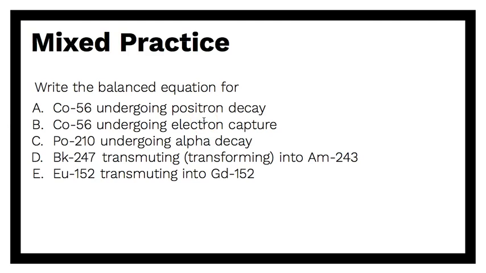Go ahead and try them out. And once you're done, check your answers. This is a mixed practice, so try to memorize, make flashcards, try to memorize these, and then try these problems out, okay? And hopefully you will understand it.